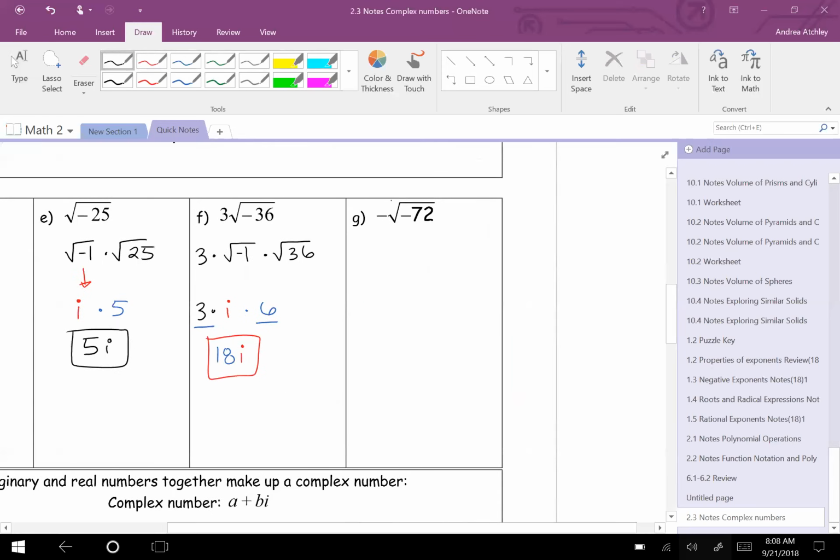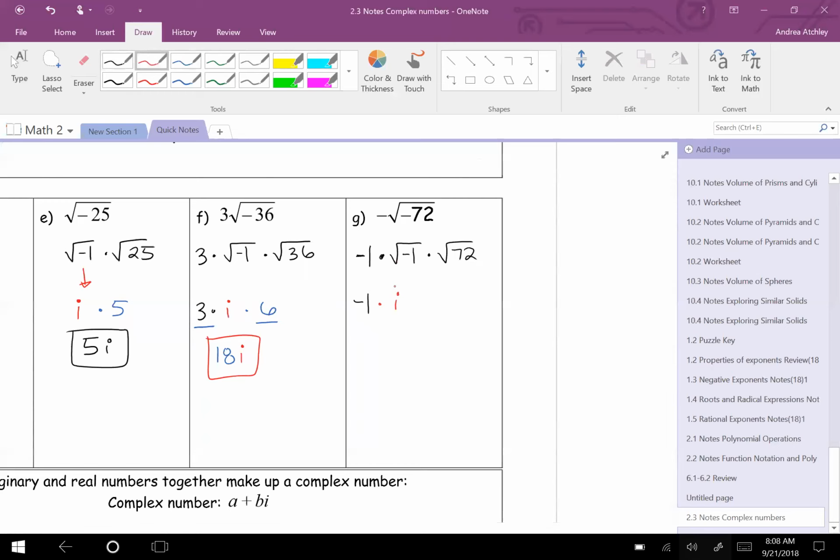Okay, negative square root of -72. This is like -1 in front times the square root of -1 times the square root of 72. The square root of -1 is i. Do I know the square root of 72?